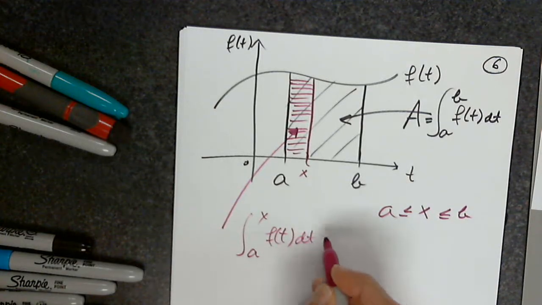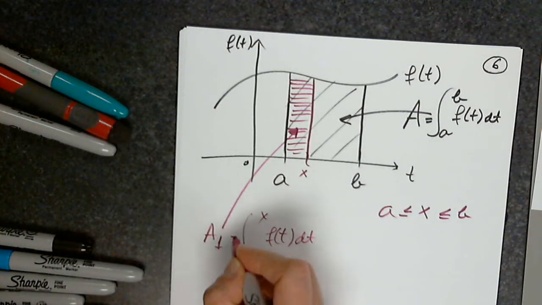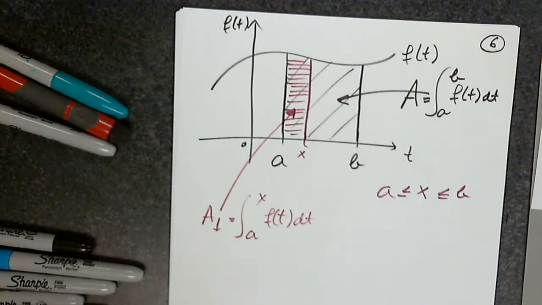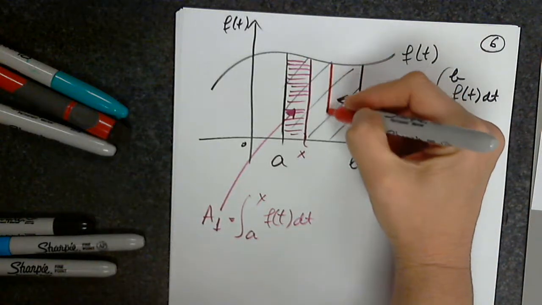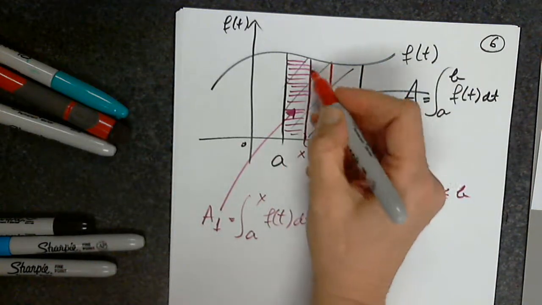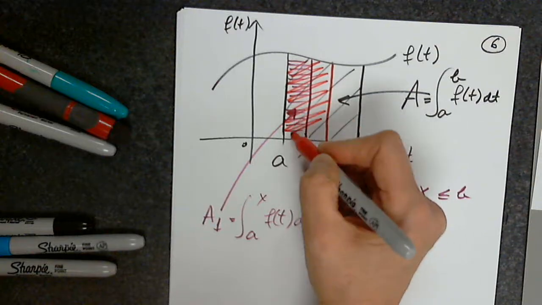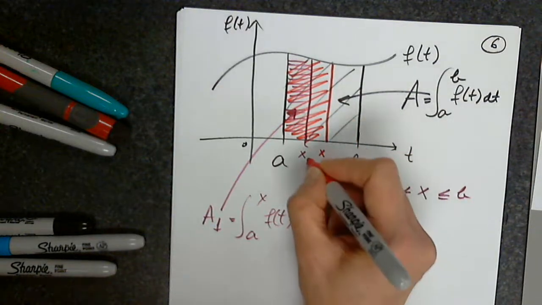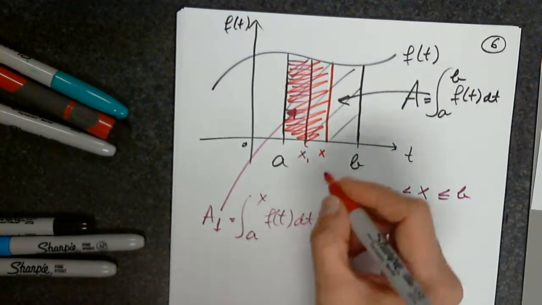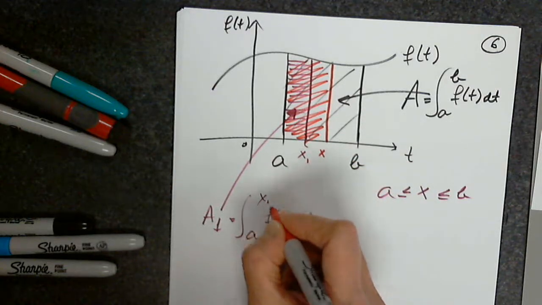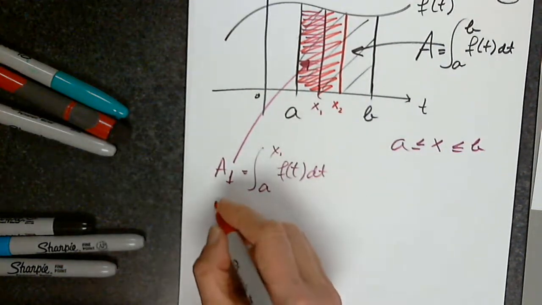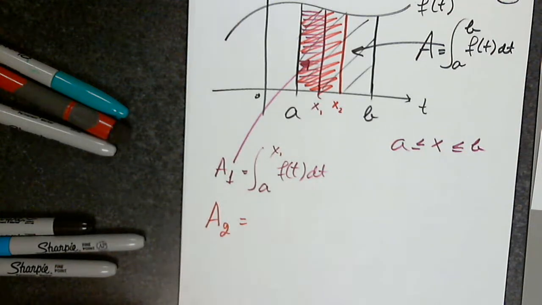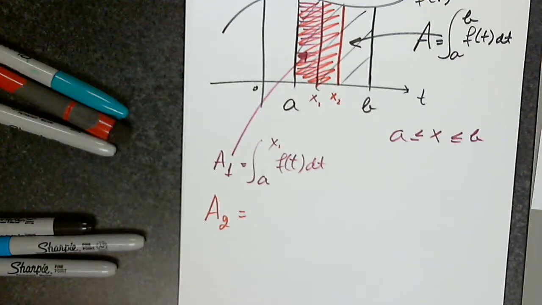Awesome. So this is, I'm going to call it a1. Awesome. Now, bear with me. Now, I'm going to say that this is x. So let's say this was x1. And now I want x2, so then I have to put x1 here. I want x2, and now I want somebody to give me the red area.